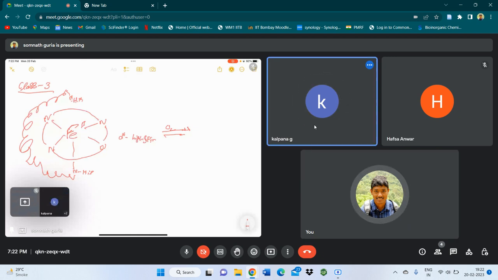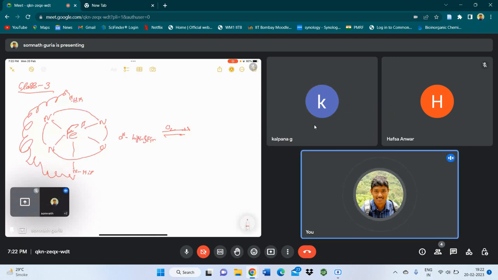Here is how the deoxy form and oxy form look. In the deoxy form, the iron center is lying below the porphyrin ring, because iron 2 has a different size and cannot fit into the iron porphyrin ring, so it lies below the porphyrin system.